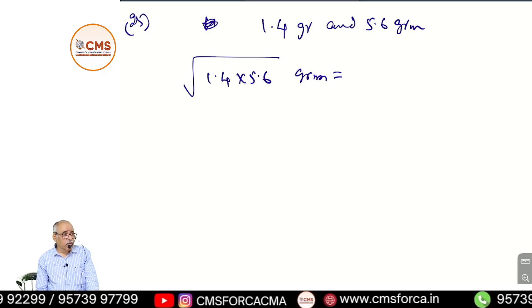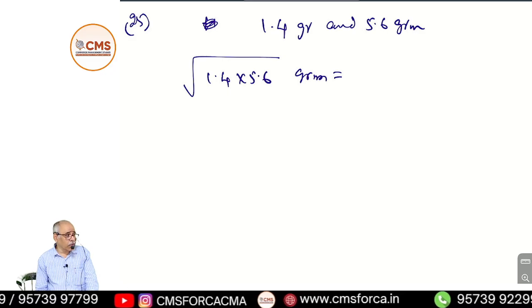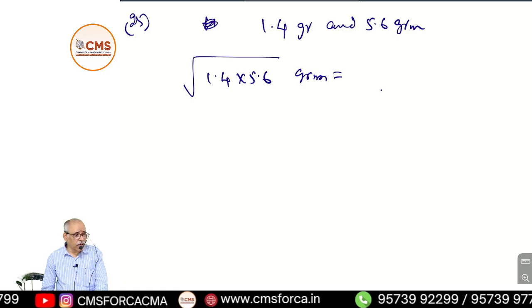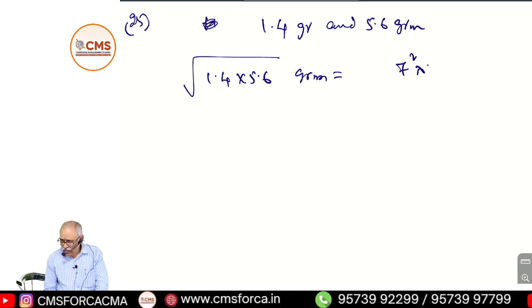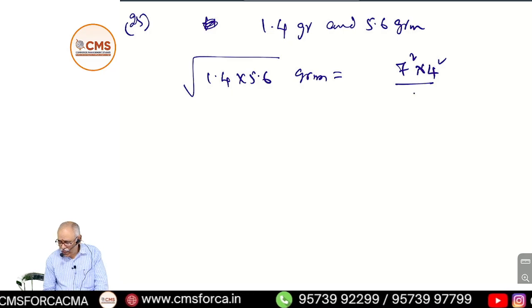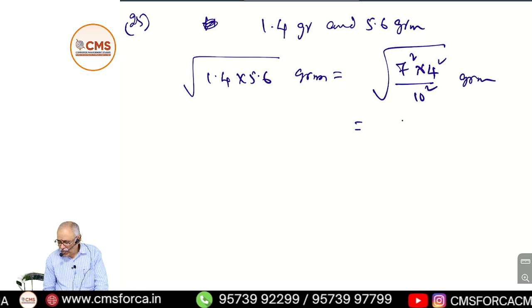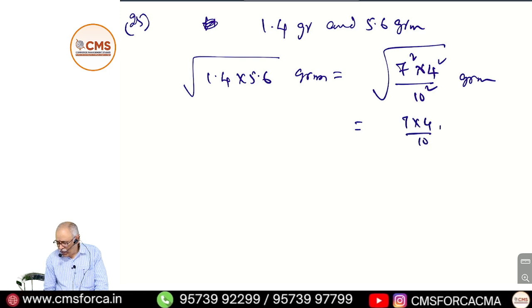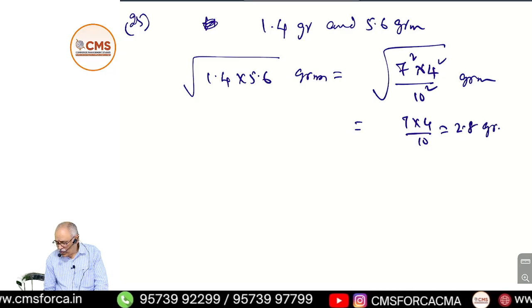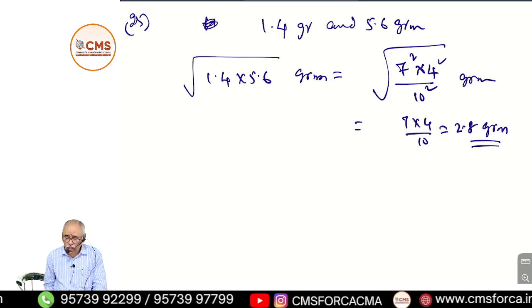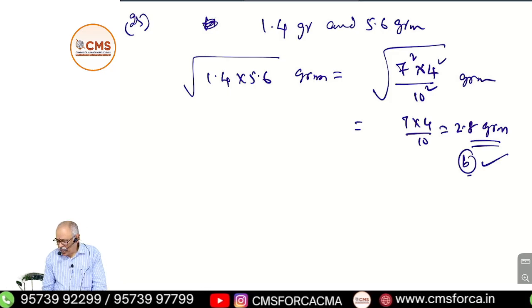So 7 square into 16, that is 7 square into 4 square by 10 square, under root, grams. That is 7 into 4 by 10, 2.8 grams. Use a calculator and find its value. Got it or not? Option B is correct.